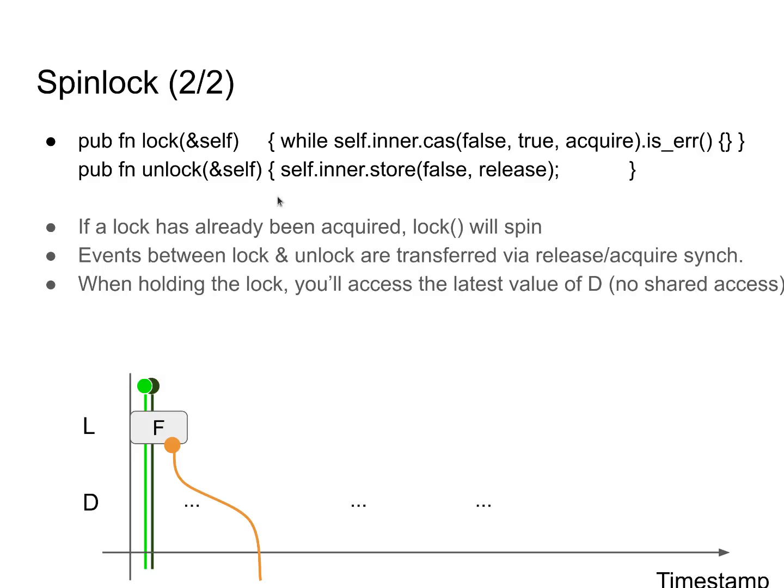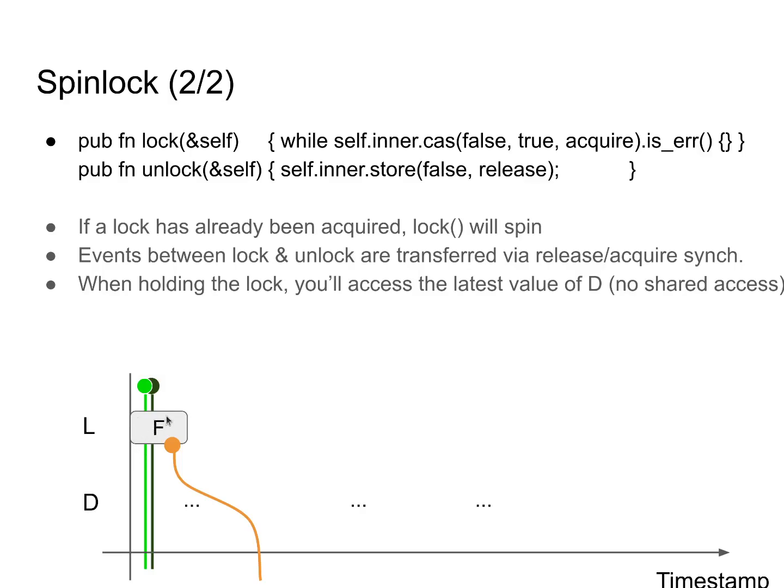I'd like to show you how data will evolve and how data will be protected by the lock using this implementation. Suppose that this bright green thread, let's say this is thread 1, and the dark green thread, let's say this is thread 2, are trying to acquire a lock.